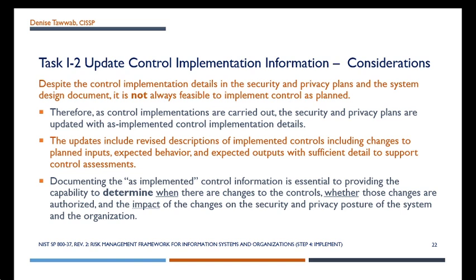The updates include revised descriptions of the implemented controls, including changes to planned inputs, expected behavior, and expected outputs, with sufficient details to support security and privacy control assessments. Documenting the as-implemented control information is essential to providing the capability to determine when there are changes to the controls, whether those changes are authorized, and the impact of the changes on the security and privacy posture of the system and on the organization.